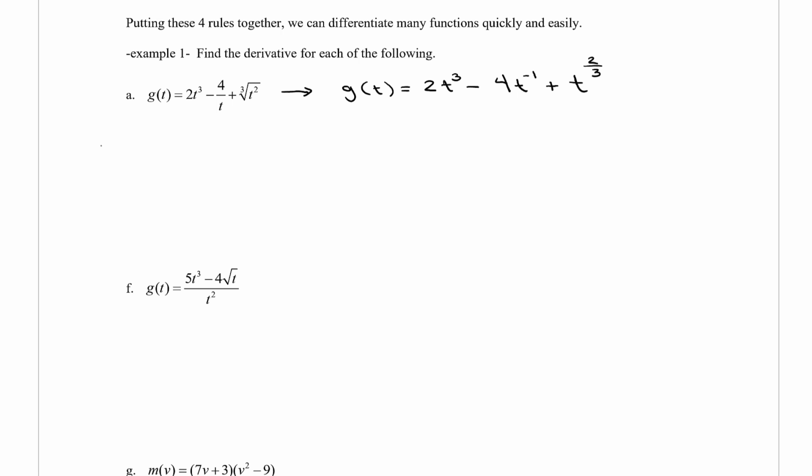So g prime of t is equal to 2 times 3t raised to the 3 minus 1 power minus 4 times -1 times t raised to the -1 minus 1 power plus 2/3 t raised to the 2/3 minus 1, but I'm going to erase the 1 and rewrite that as 3/3 so we have a common denominator.